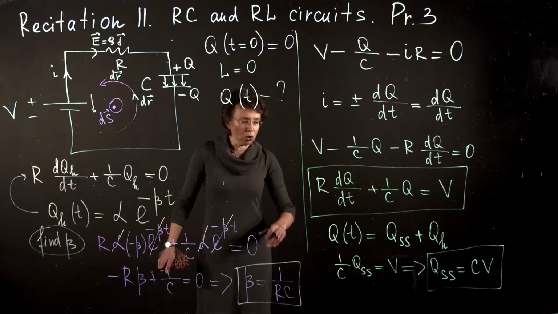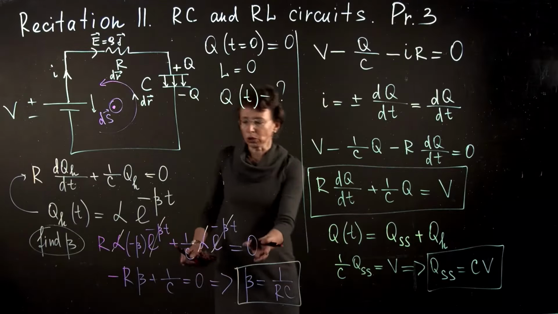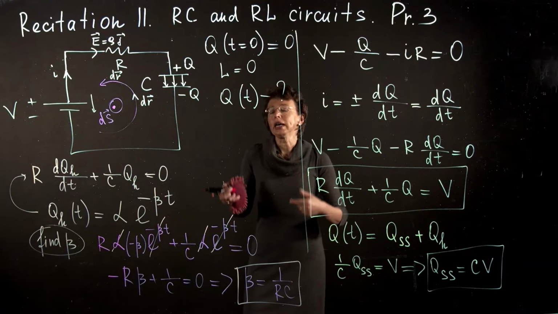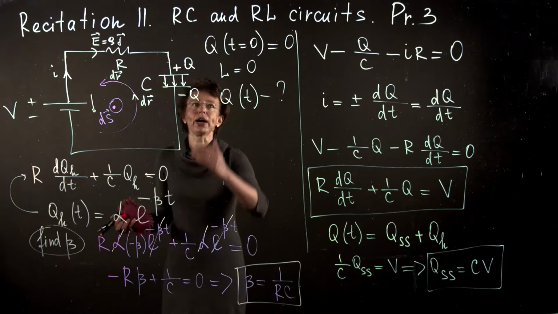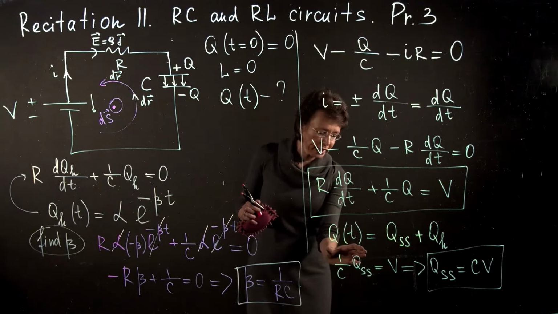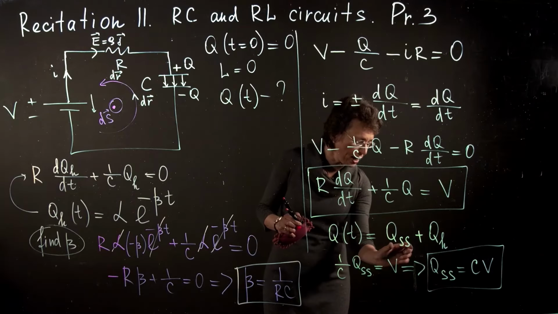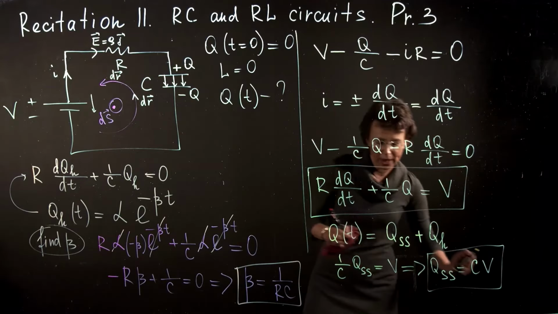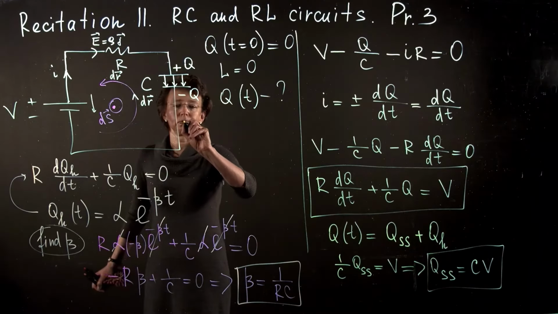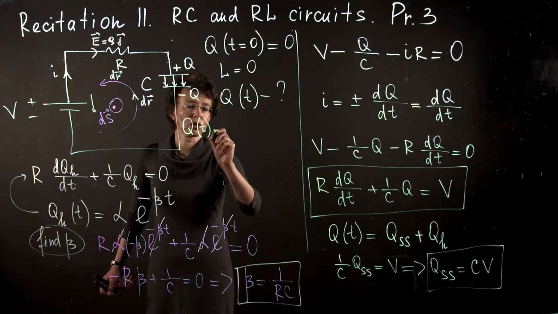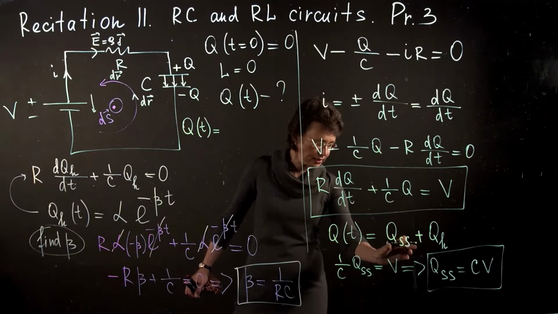Now we know steady state. We know beta for our homogeneous solution. We need to find alpha. How do we find alpha? We find alpha from the initial conditions. But first of all, let's write q as a function of time as steady state plus homogeneous. I will have q as a function of time is steady state.